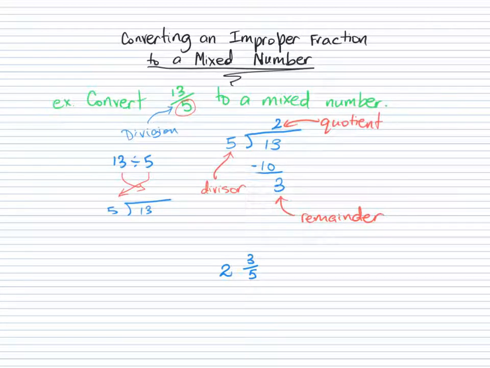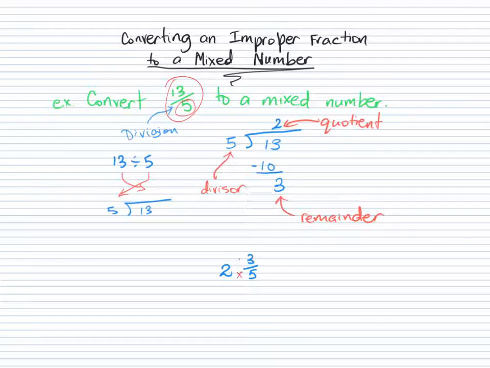So to recap, when we did our long division, we had to figure out what the remainder was. The remainder goes on top of the fraction. The divisor remains at the bottom of the fraction. And our answer, the quotient, is the whole number part of our mixed number. And if you're not sure and you want to make sure you got it right, then you can check by converting it back to an improper fraction and making sure that you get the question.